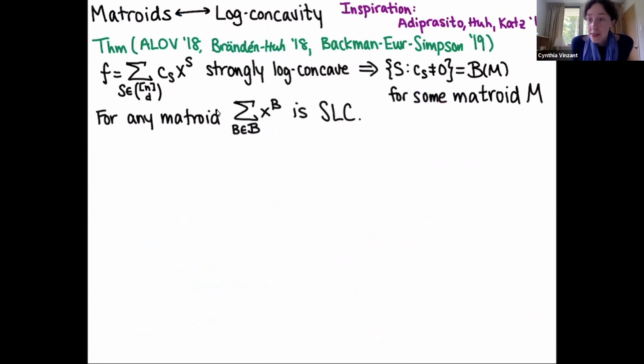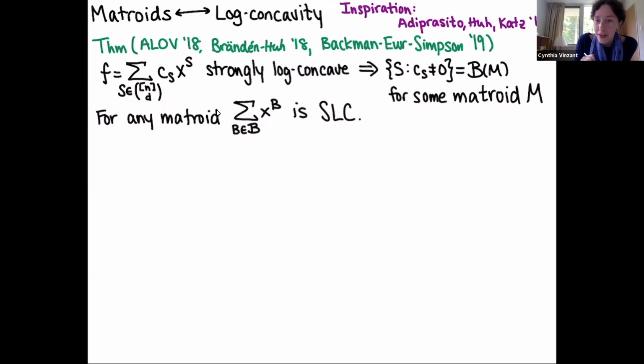So it turns out that if you have a polynomial of a certain form, so here I'm taking subsets of 1 through n, all of the same size, d.